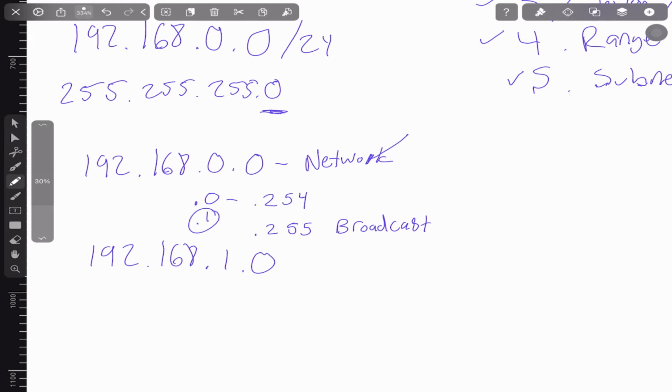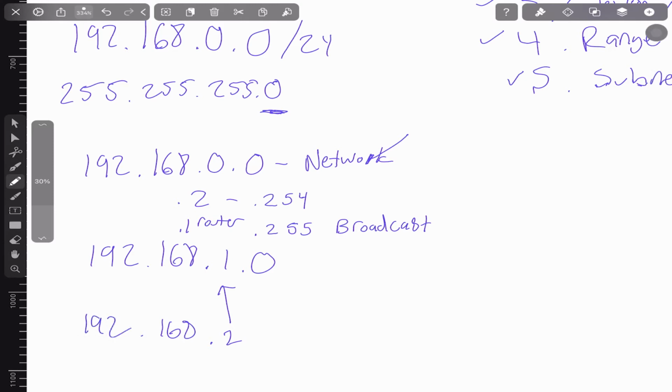The range technically starts at .2, I can erase that. .1 is the router. 1, 2, 3, 4, 5. Yeah, so that's everything. We got everything. And then this is going to be the next subnet up. So that is going to tell you that's a different network. So .2 is a totally different network.